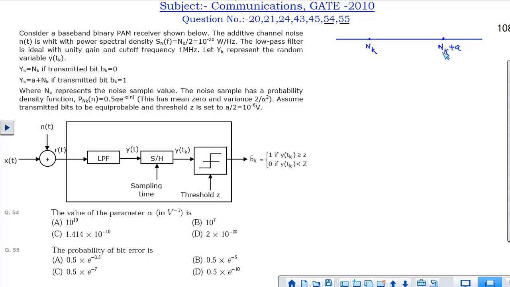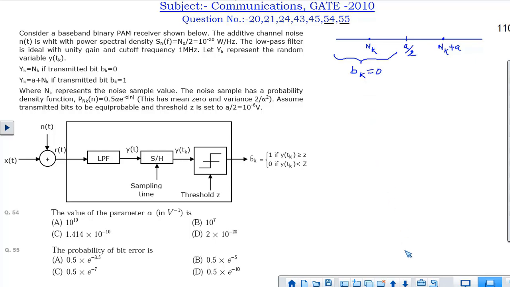Because at nk plus a the bit is exactly detected as 1 and at nk the bit is detected as 0. It is also given that the threshold z is equal to a by 2, which is given to be 10 to the minus 6 volt. So the threshold will be exactly at the middle, which is equal to a by 2.